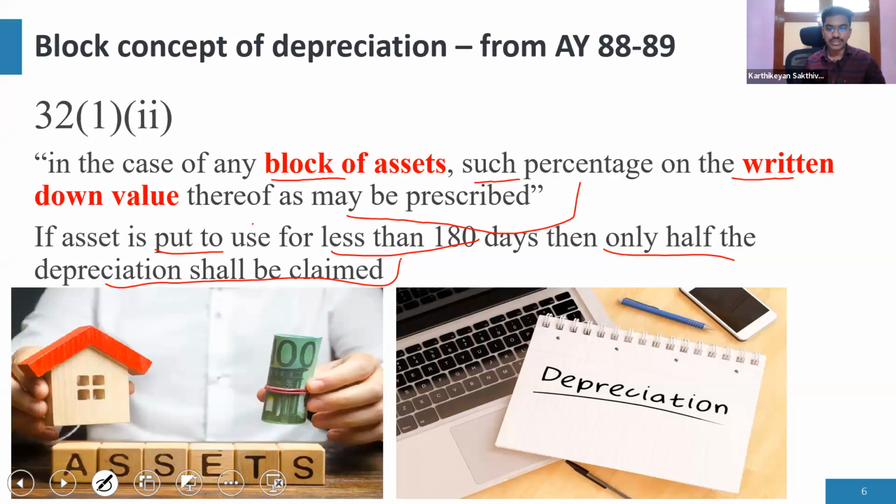If it is put to use for any period more than 180 days அப்படின்னா even if it is for 181 or 182 days or 180 days as the case may be. So 180 days தான் use பண்ணி இருந்தாலும் if it is put to use for 180 days then full depreciation is allowed. Unlike Companies Act depreciation, that is the accounting depreciation, where if the asset is put to use for one day, we'll put depreciation only for that one day. Correct? இங்க அந்த மாதிரி கிடையாது. Only two categories, less than 180 half the depreciation, 180 and more than 180 full depreciation.